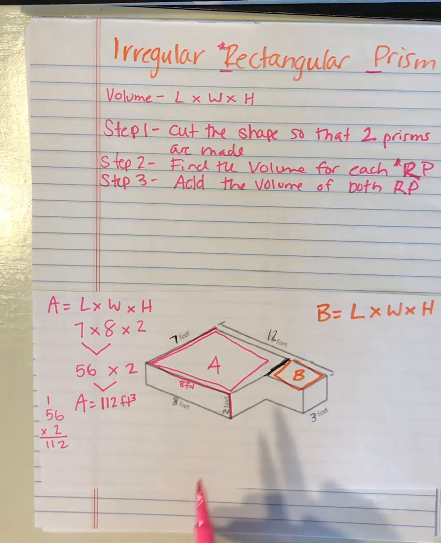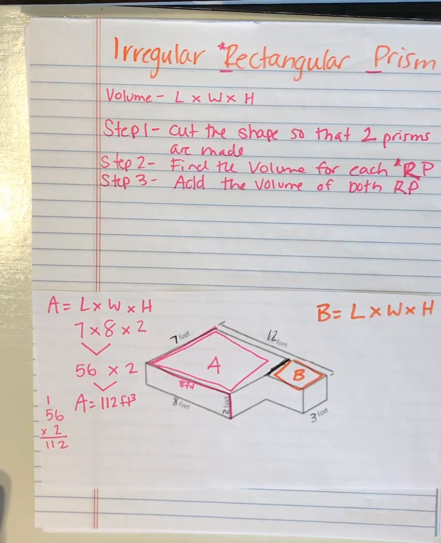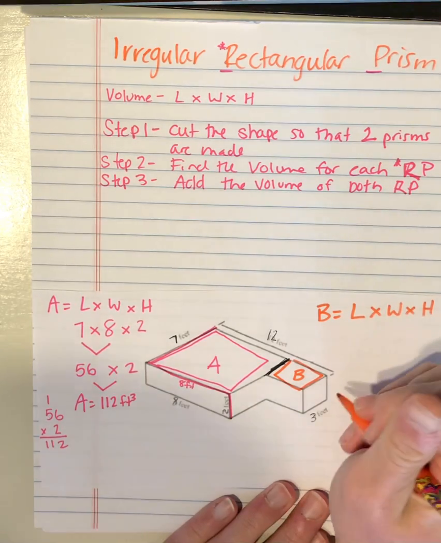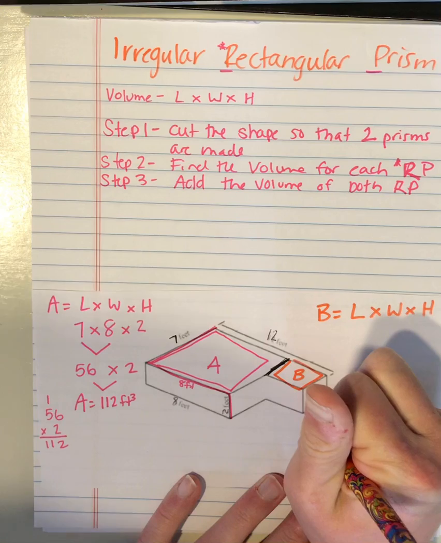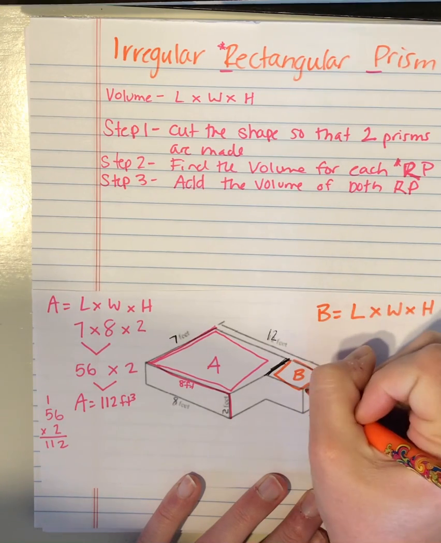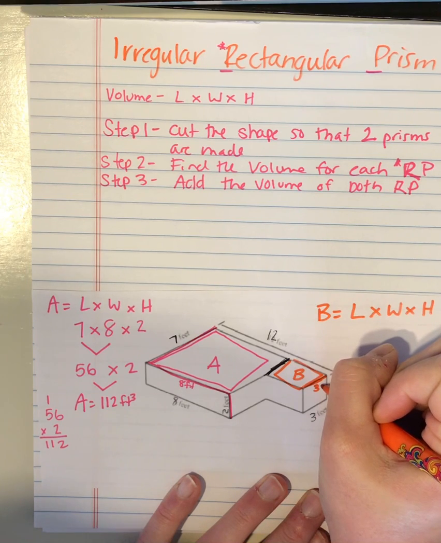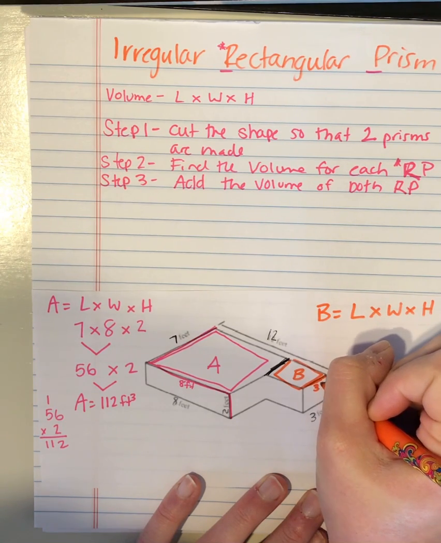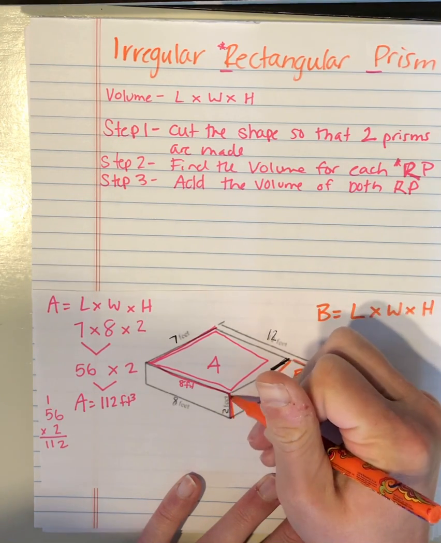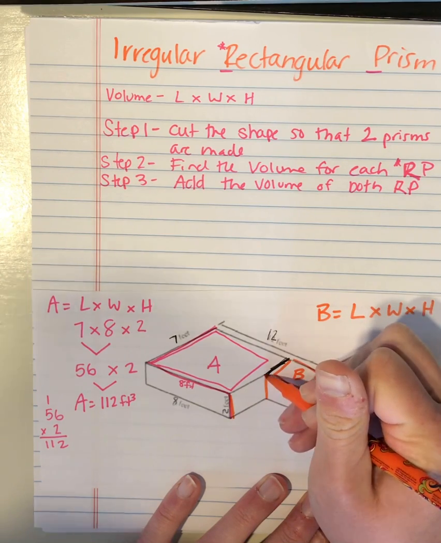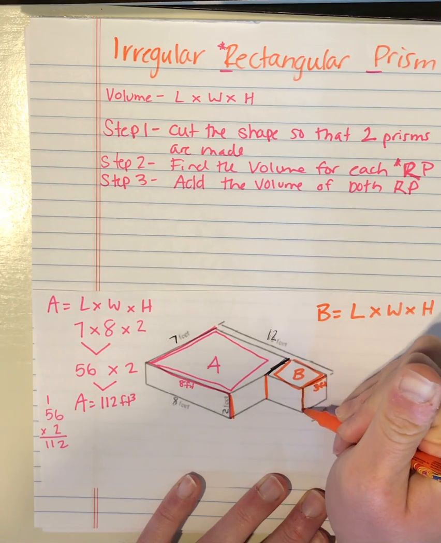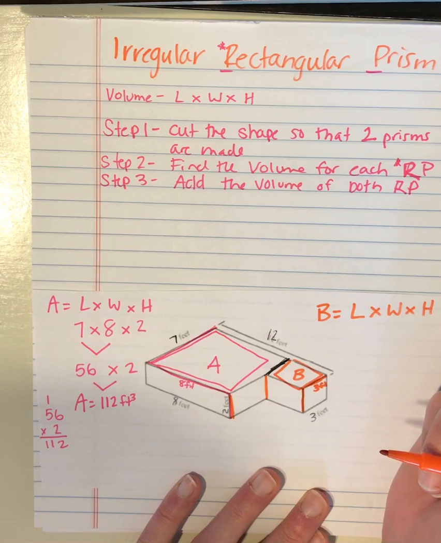All right, but I need to find the volume for both before I can move on. So let's look at B. So for B, if this is 3 feet, I know that this is also 3 feet. And if this is 2 feet, I know that this is 2 feet and this is 2 feet.